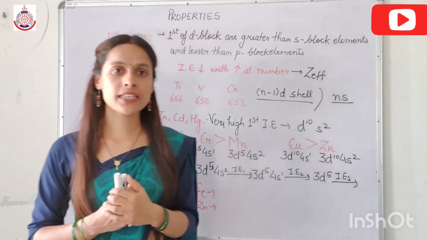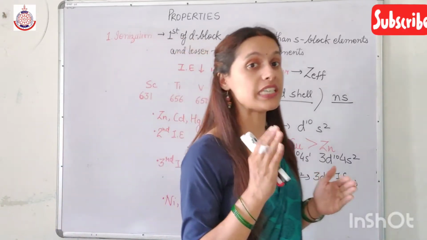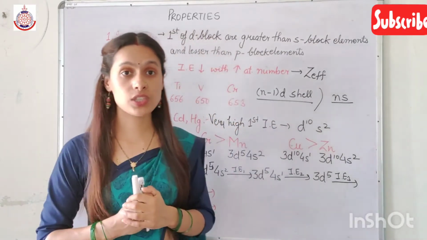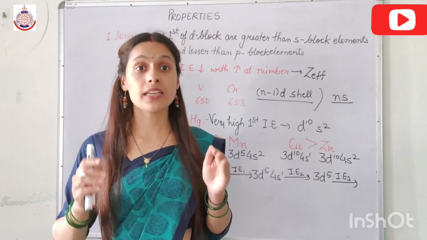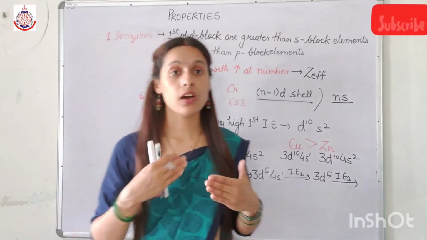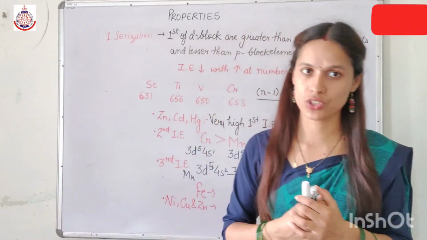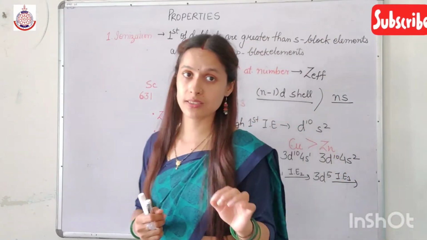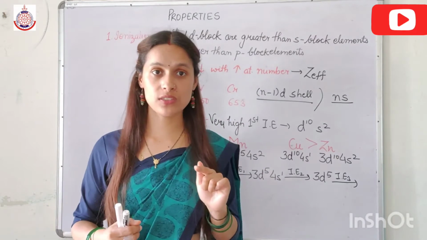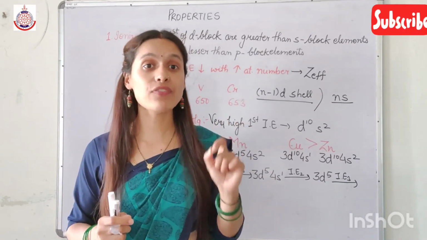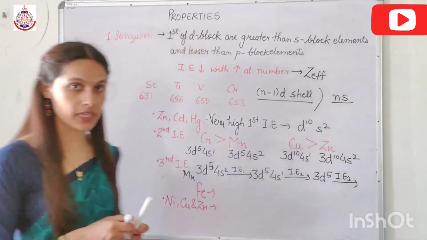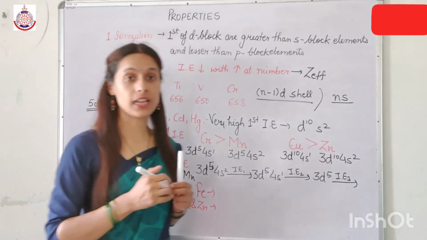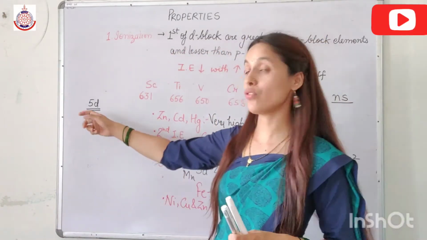Now, the first ionization enthalpy of the 5d series is higher than that of the 3d and 4d transition series. This is due to the involvement of f orbitals in the 5d series.